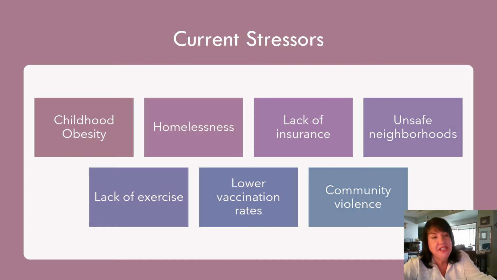Community violence, already we have alluded to a bit. We have to understand it's not necessarily always just being in an unsafe neighborhood. Homes that have problems with violence, domestic violence, these children can be very much at risk. So you want to pay attention to the fact that nurses are mandated reporters, and pediatric nurses do come across situations where they may have some suspicions, and that's all we need.